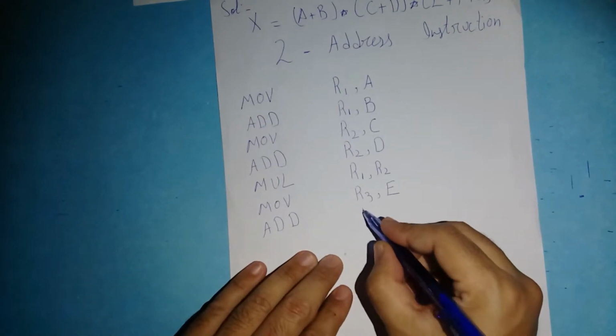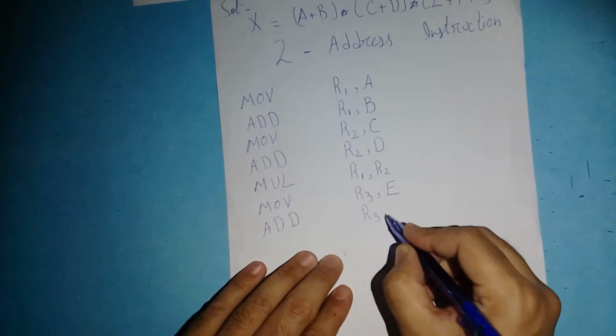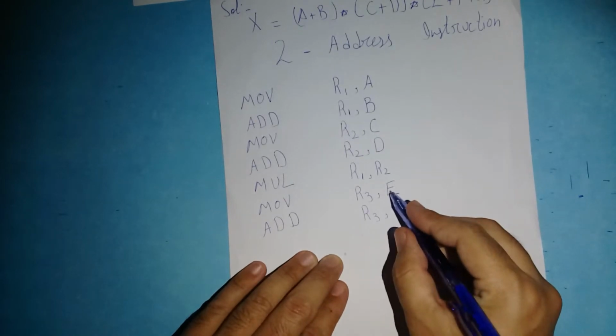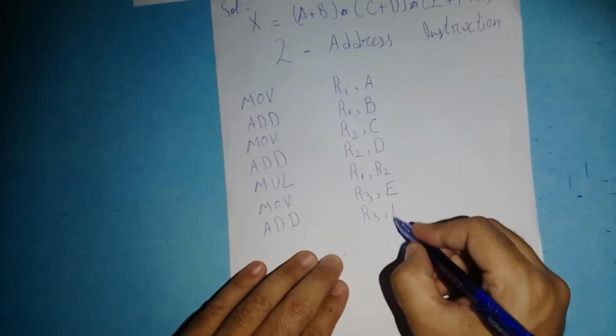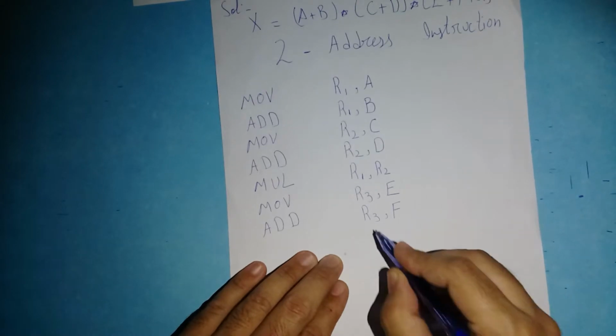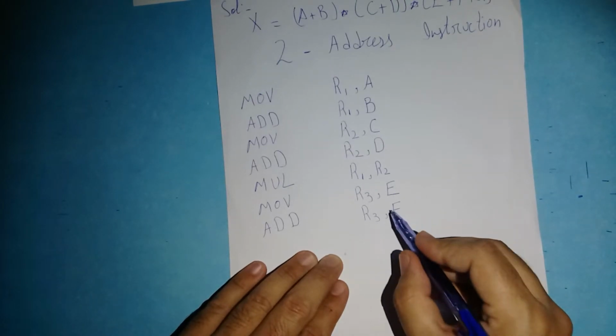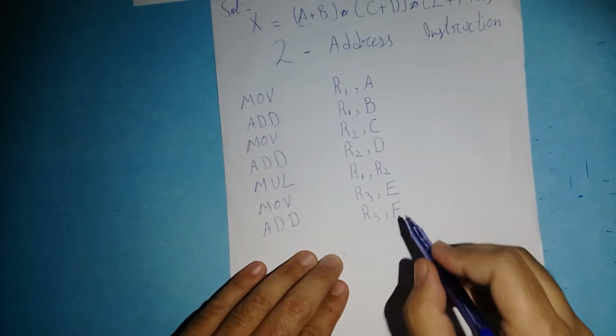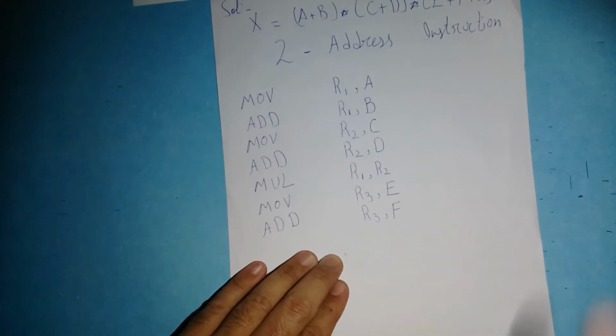First of all I write R3 over here. Why? Because R3 has got the value of the variable E and it's going to be added with F. So in this line, E is added with F and the answer is stored in R3.